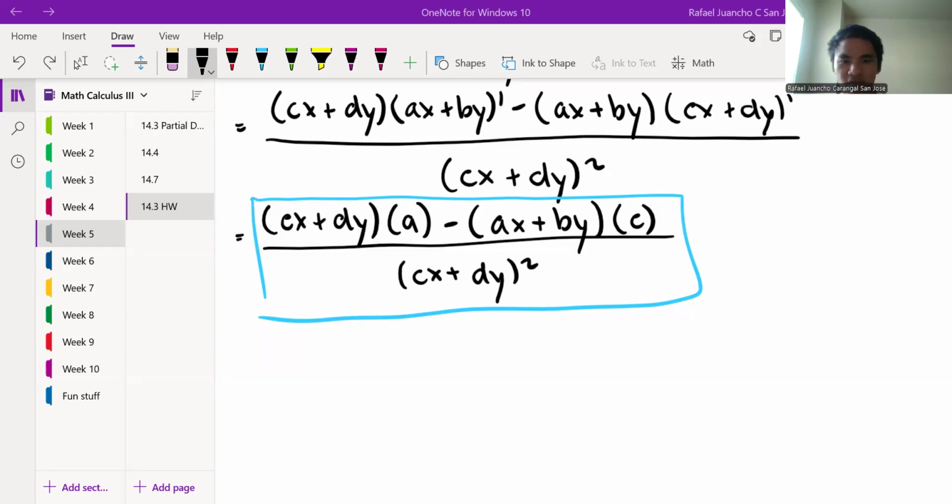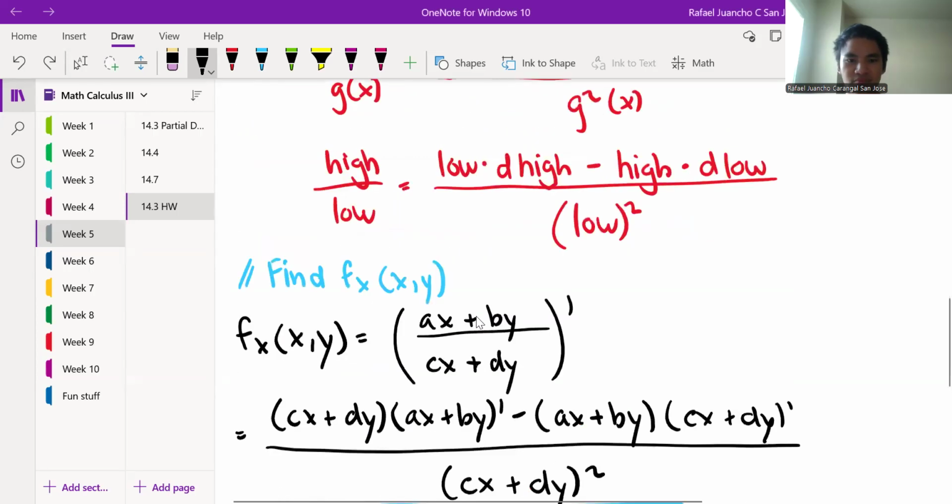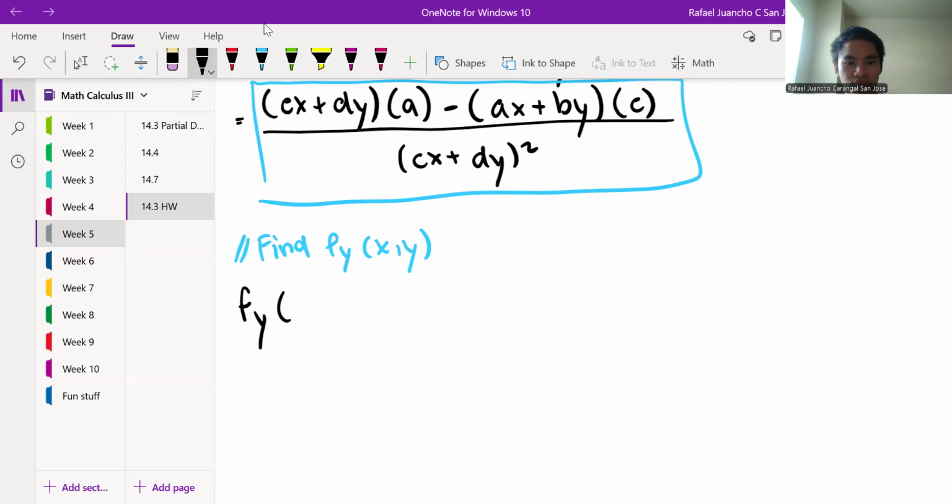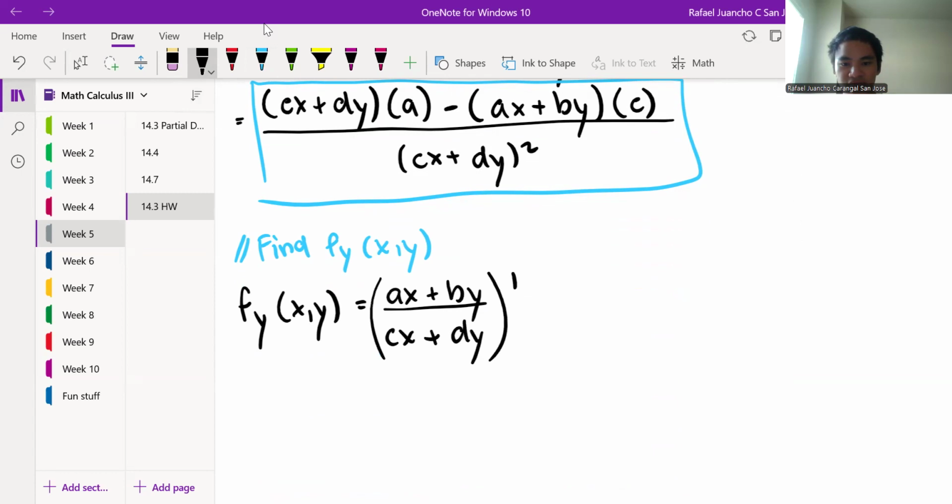And we do the same thing for the other one. So here we do f sub y. So first thing I would do is copy. Do a derivative sign.